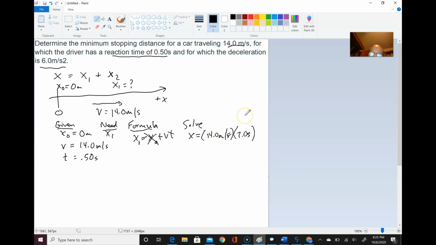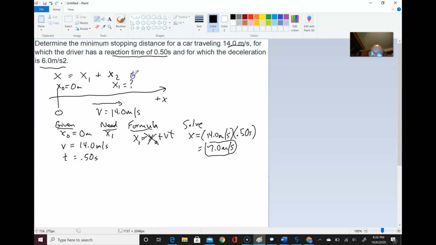I don't know why I said 7.0 seconds, let me erase that. That's 0.50 seconds. I guess what I was thinking was the answer. So one half times 14 is going to equal 7.0. Okay, so that's my x1.